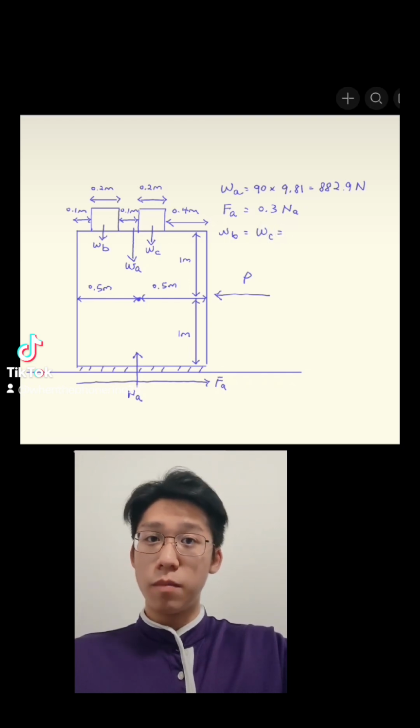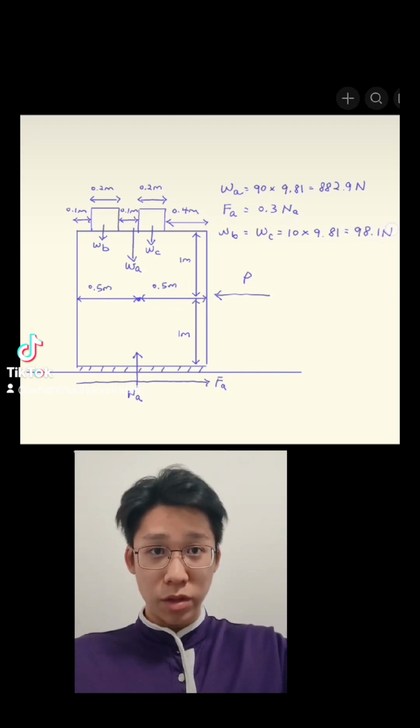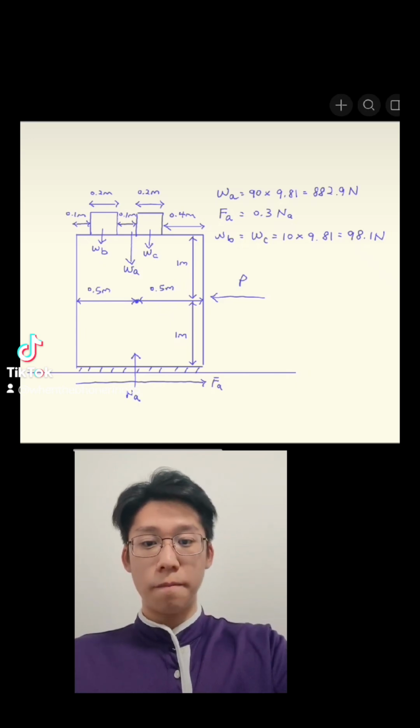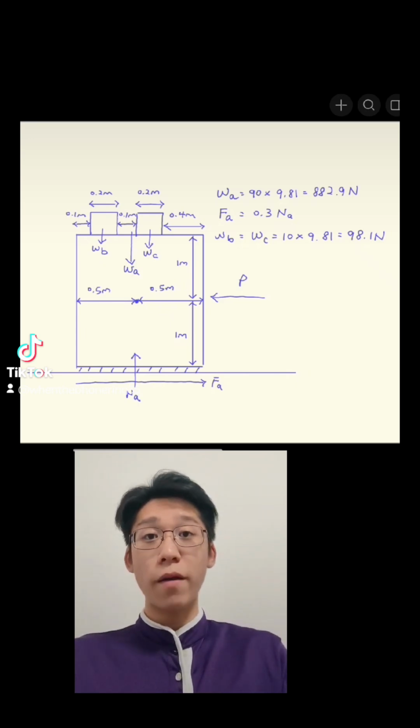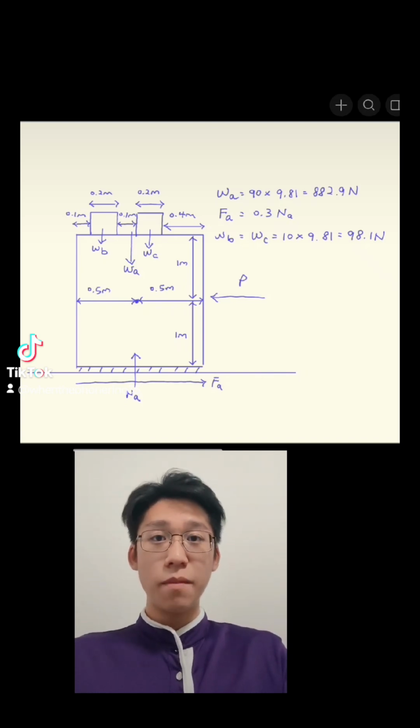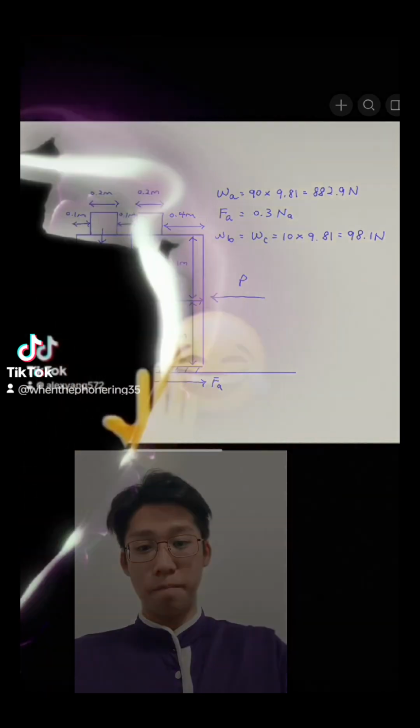And WB and WC are equal to 10 kg times 9.81 equals 98.1 Newton. And that's all for my free body diagram part. Let me pass it to my next friend.